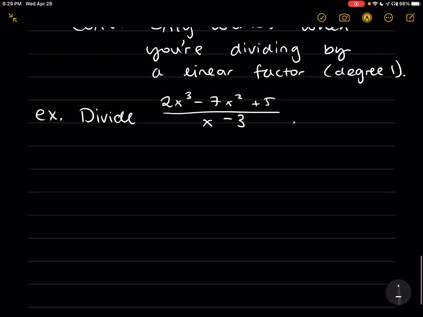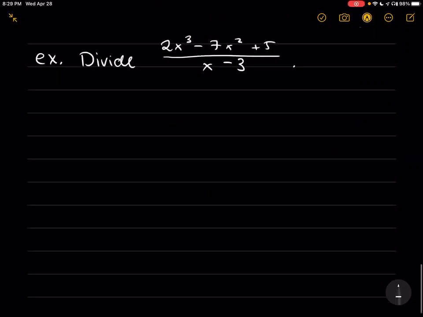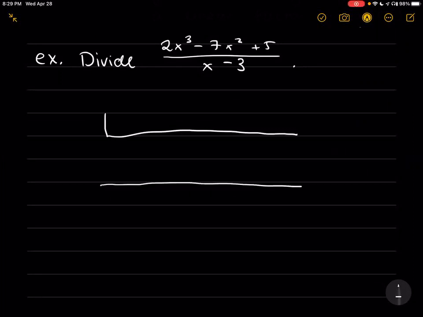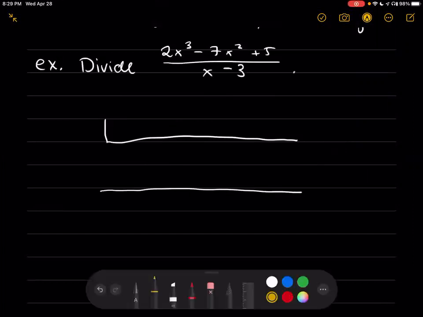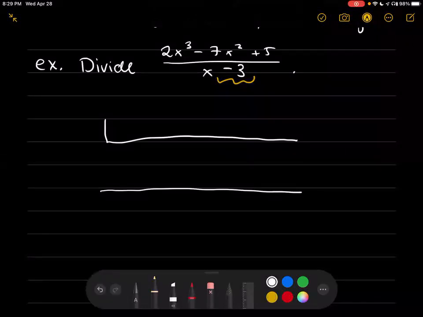So here's how we set up synthetic division. We're going to use a flipped dividing bar. We're also going to have a bar down here. Okay, so now we take this number right here, this minus 3, we flip the sign so it becomes a positive 3 and we write it here.